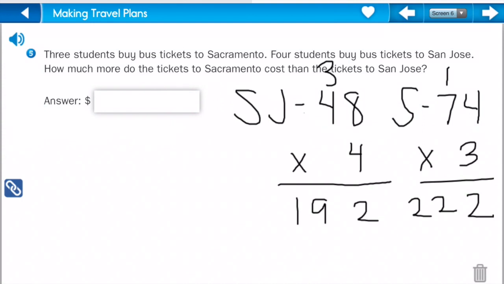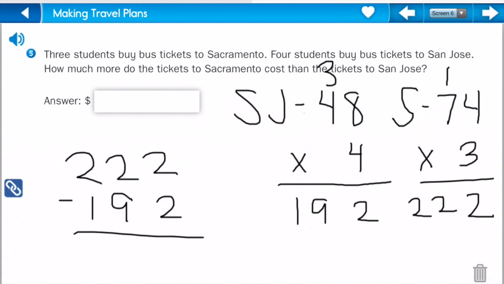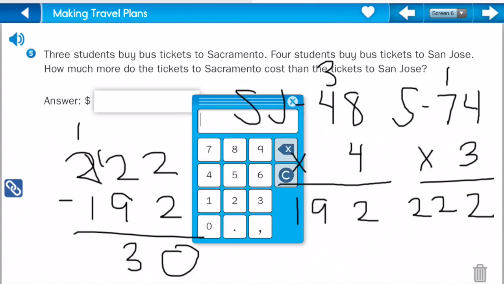Alright, so now we need to subtract these to find the difference. So 222 minus 192. 2 minus 2 is 0. We have to borrow from our neighbor. 12 minus 9 is 3. So our answer would be $30.